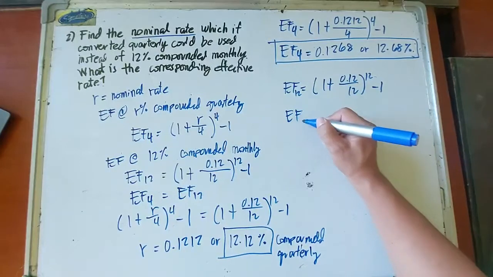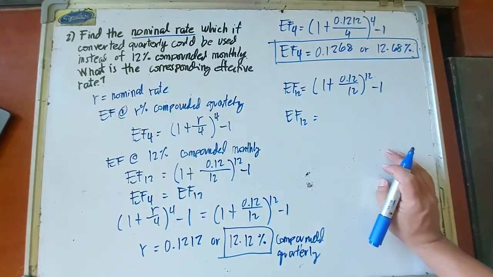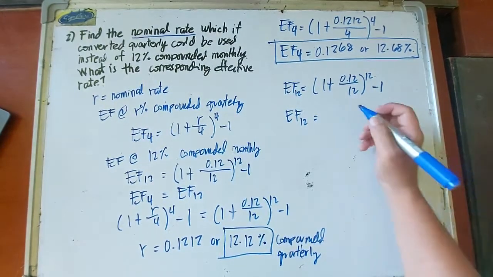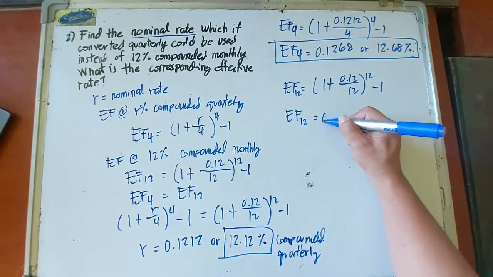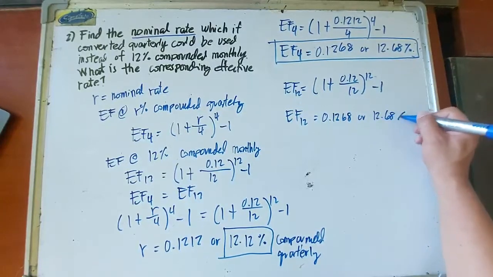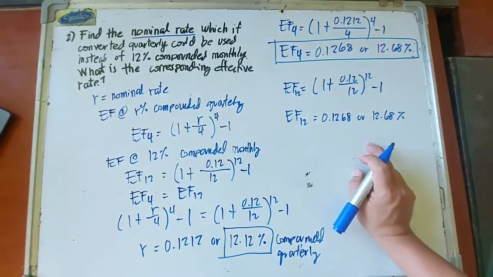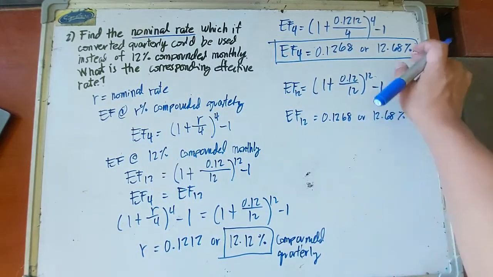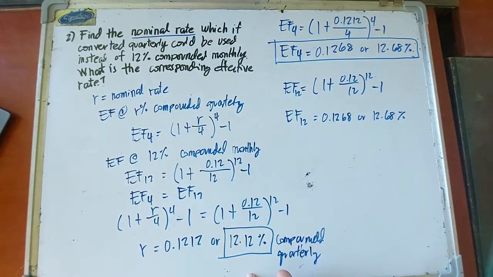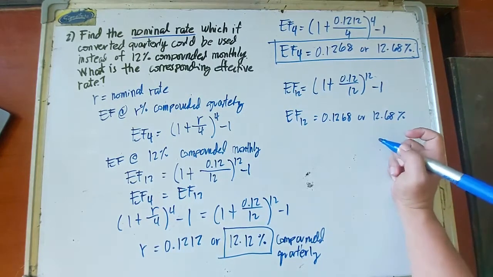So the effective rate at 12% compounded monthly is also equal to 0.1268, or 12.68%. So the corresponding effective rate is 12.68%. So they are equal. One has a nominal rate of 12%, and the other, if it's compounded quarterly, is 12.12%. Okay, so that is problem number 2.